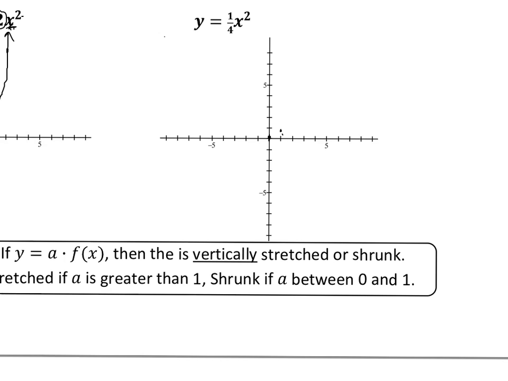What's 2 squared? 4 times 1/4? 1. I go up 1. I didn't plot that first point very well at all, did I? I should have made this a lot bigger than it is. You have to trust me on this one. So then I go left 1, up 1/4, left 2, up 1.